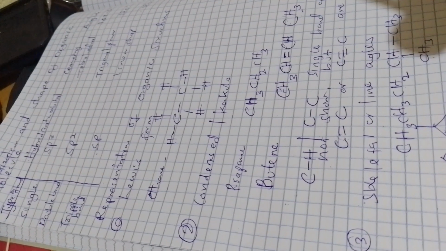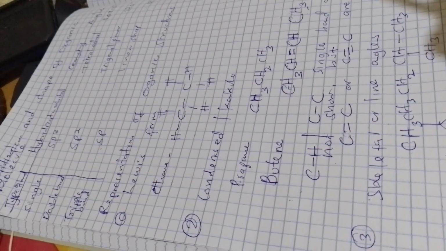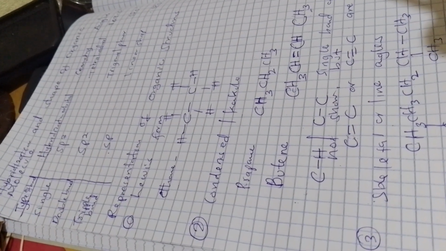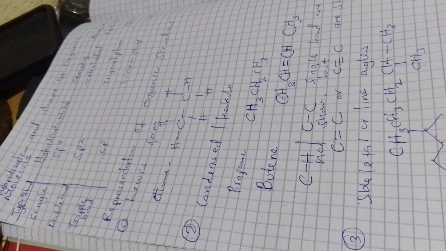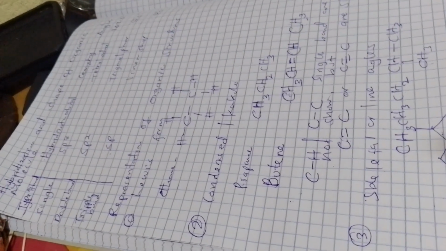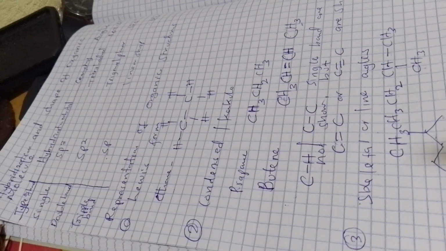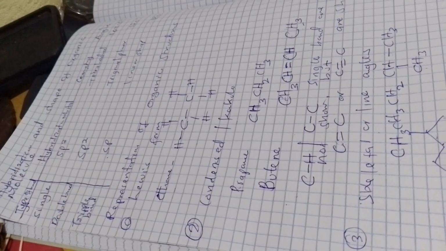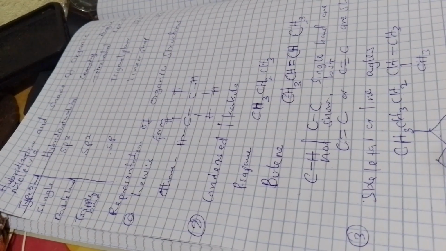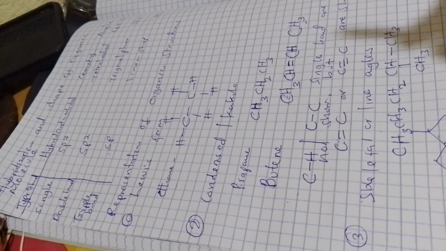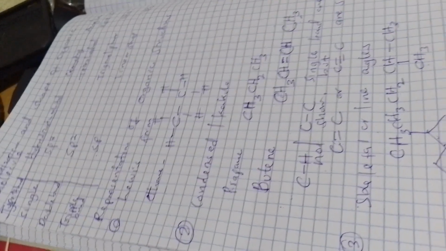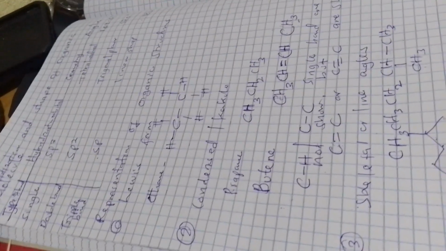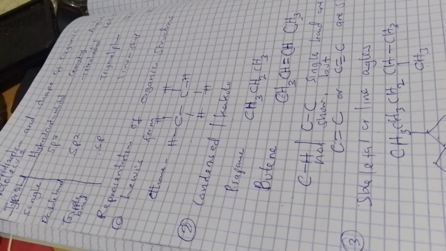So next time we shall discuss more on the hybridization, or how hybrid orbitals are formed in a given compound or molecule or atom. Let's say for example an sp2 hybridization. We'll be able to discuss more on the sp hybridization, sp2 hybridization, and sp3 hybridization.